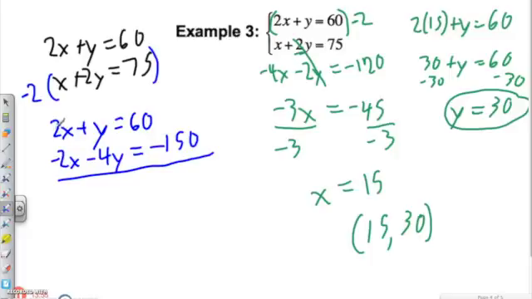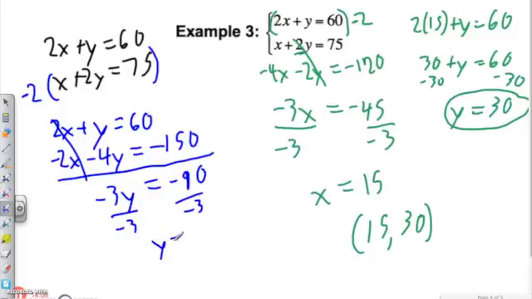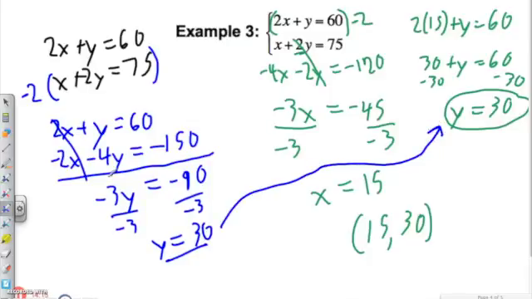I'm going to combine like terms here. My x's will cancel. I will get a negative 3y, and I will get a negative 90 here. I would divide both sides by negative 3, and I would get y is equal to 30. Notice that that is exactly what we got over here. Now if we plug that into our original equation, and we can plug into either one, x plus 2y, where y is 30, equals 75.